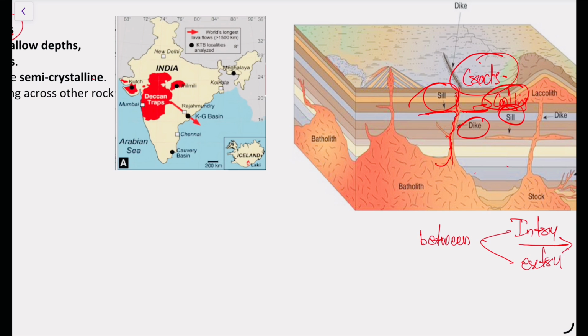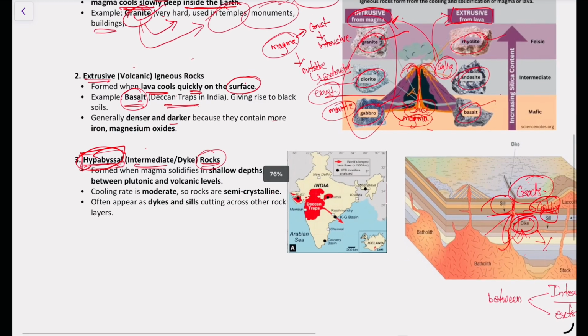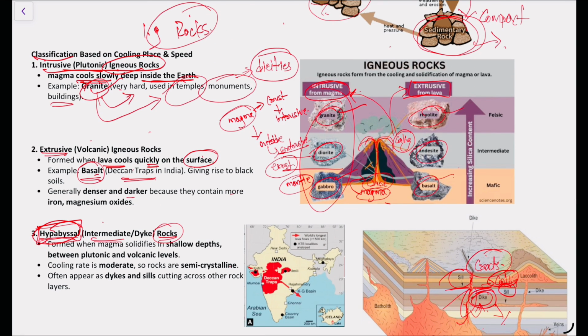And if the magma is solidified inside vertical veins, then we can get the dikes. So these are the examples of hypabyssal rocks. So this is about the igneous rocks. In the igneous rocks, we can classify them as different types based on the cooling of lava or magma.